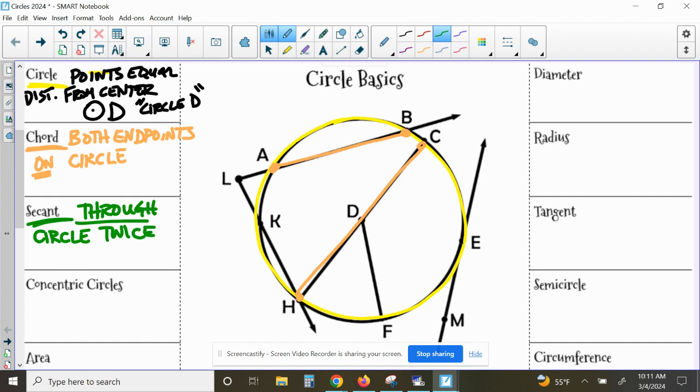It's got to go through the circle twice, not ending on the circle both times. These things could be segments that go beyond, lines that go beyond, or rays that go beyond, but they have to legitimately pass through it twice. Now look at this picture. Do we see anything that goes through twice?